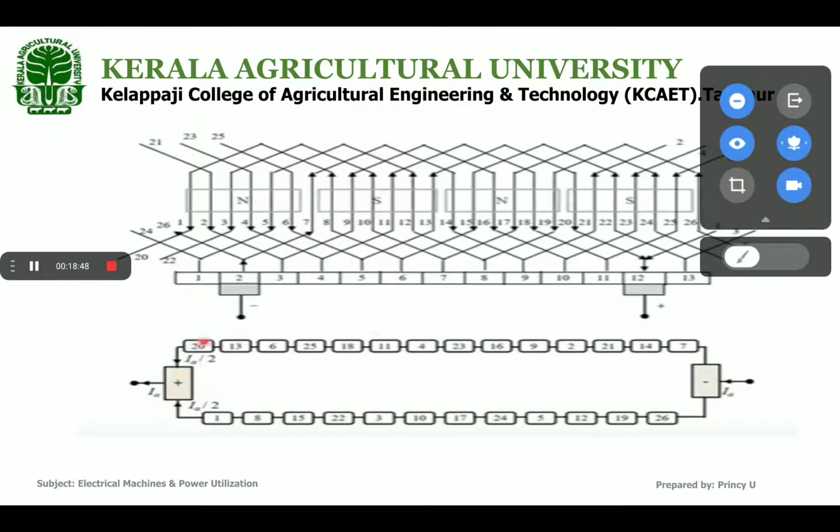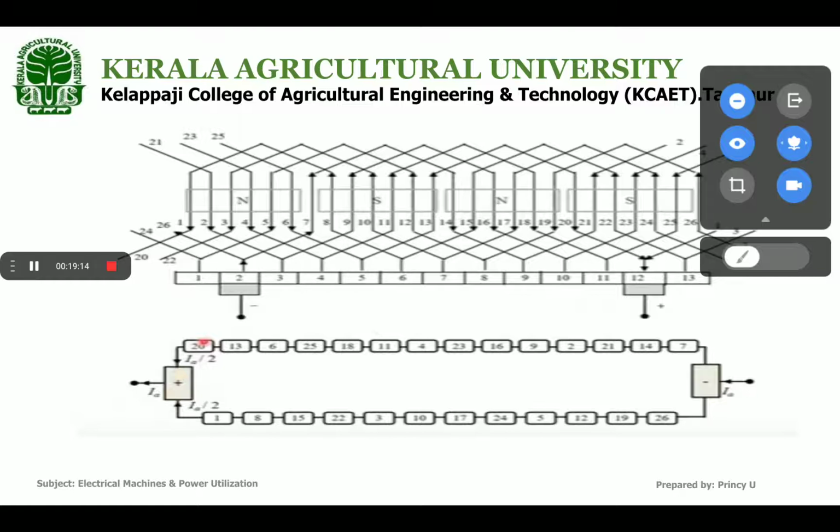If we are using 2 brushes, then there will be only 2 parallel paths, two current carrying paths. One brush will collect the positive current direction, and one will collect in the opposite direction, so we take it as negative. So we take a positive brush and a negative brush, and between them there will be half of the conductors.